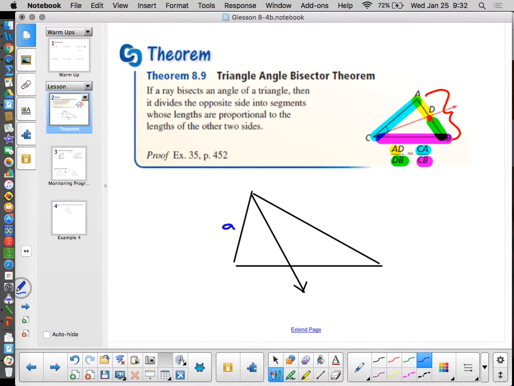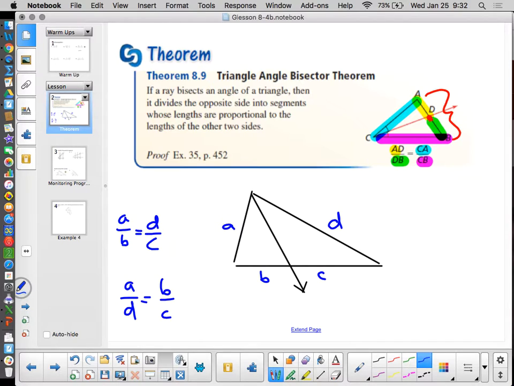And if I call this A, B, C, and D, we can set up our proportion a couple different ways. I can say A over B equals D over C, being consistent. So the whole side over the part side, whole side over the part side. Or I could set up my proportion short whole side over long whole side equals short part side over long part side.